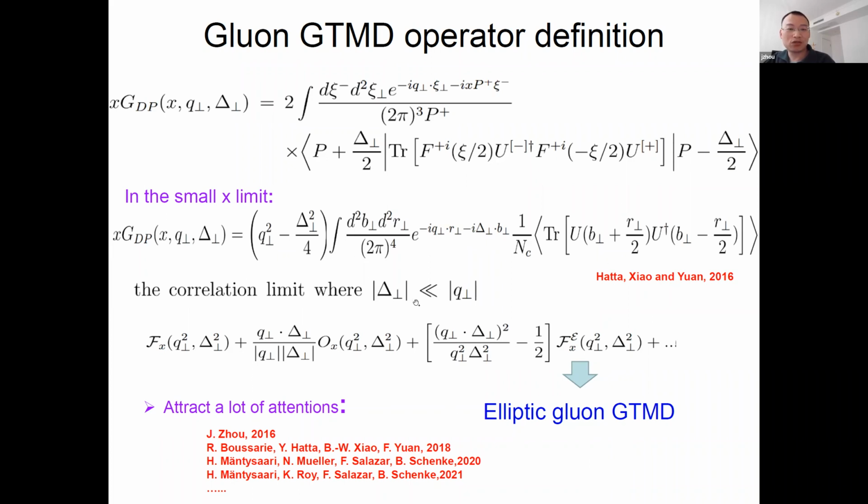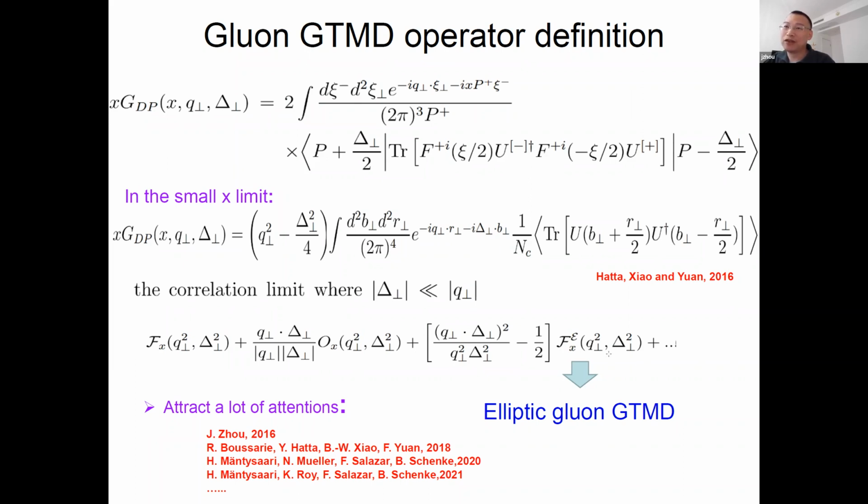This is the Fourier transform of the dipole amplitude, which is also referred to as a generalized transverse momentum distribution. Depending on the different vector structure, it can be parameterized into these terms. This is the unpolarized dipole distribution, and this is a spin independent one. This is just the elliptic gluon distribution, the elliptic gluon GTMD.